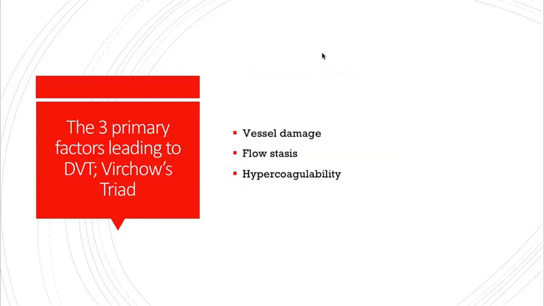So someone who has vessel damage, flow stasis, and hypercoagulability. Vessel damage, you guys obviously know what that is. Flow stasis would be flow that just tends to stay more often than it flows.